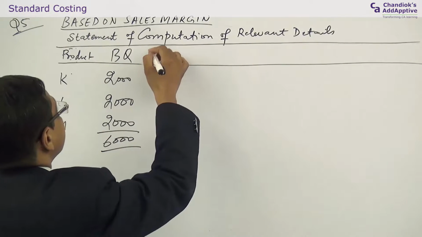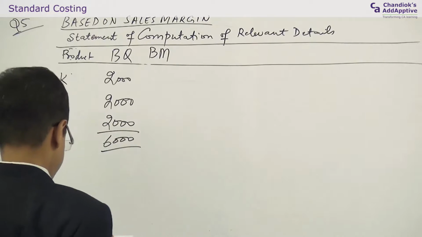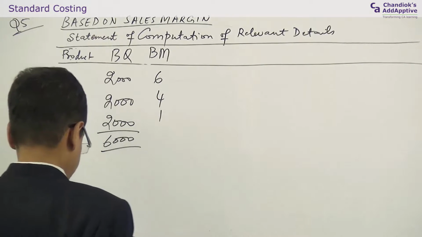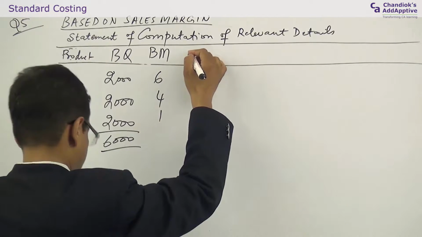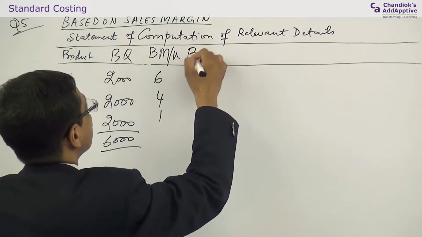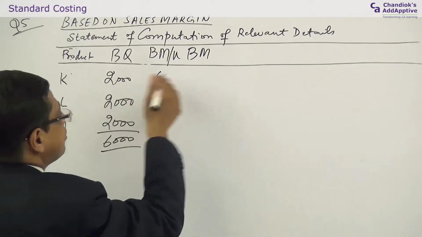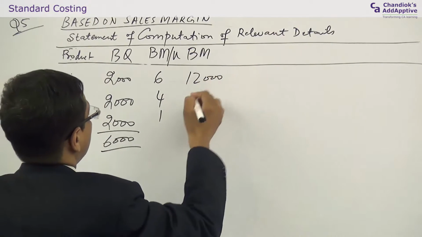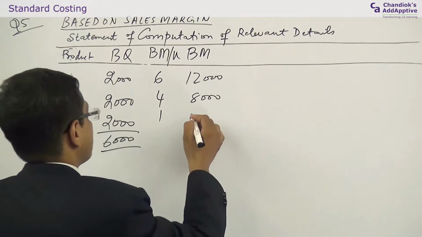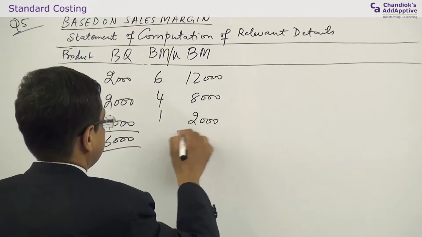Budgeted margin per unit, this is 6, 4 and 1. So budgeted, this was per unit. So budgeted margin becomes 2000 into 6, 12,000, 2000 into 4, 8000, 2000 into 1, 2000.